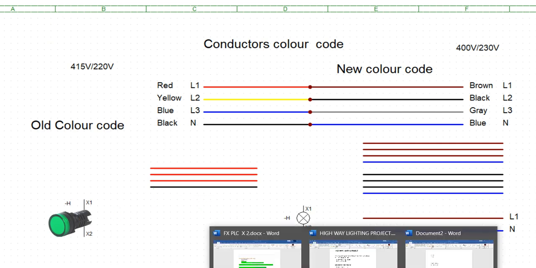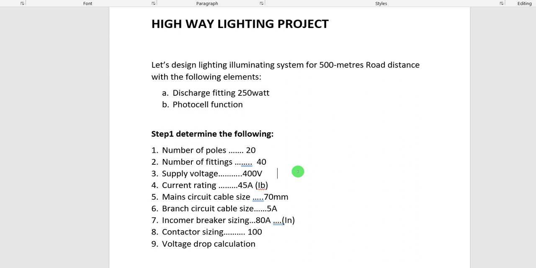There's one other thing we omitted: we want to determine the cable size for our branch circuit. So the current, we need to insert it again.